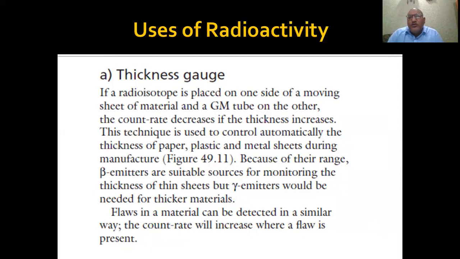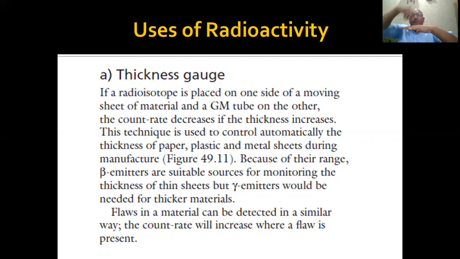What you will do, if for example this is the sheet of steel, on one side we will put a source of beta particles or gamma rays, and on the other side of the sheet we put a detector. So you see, this is the sheet of steel.